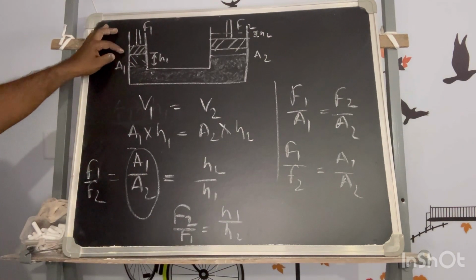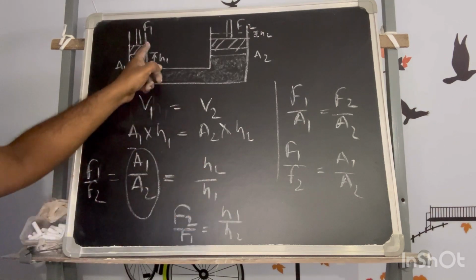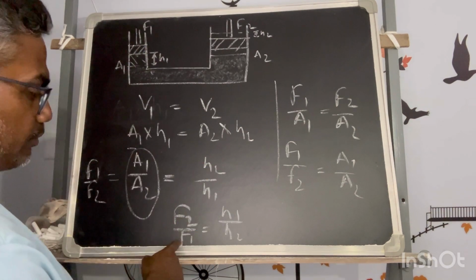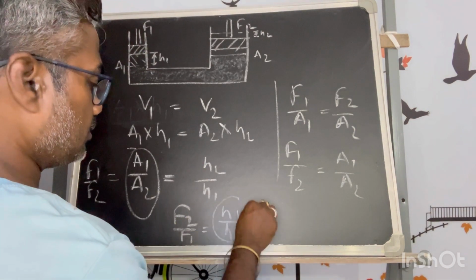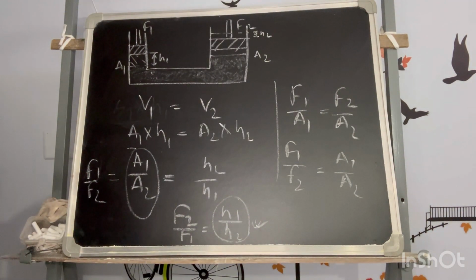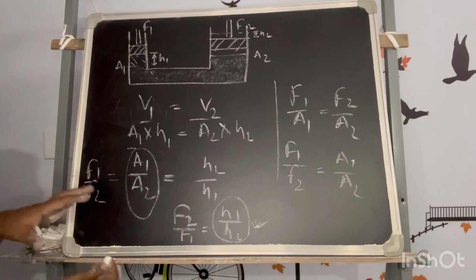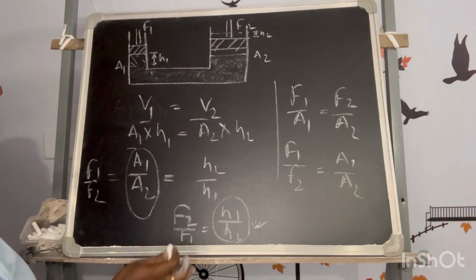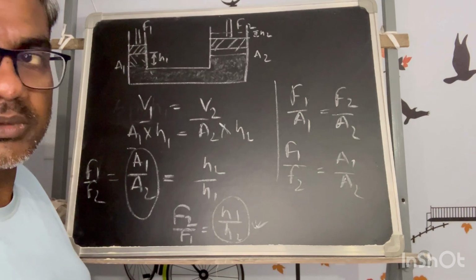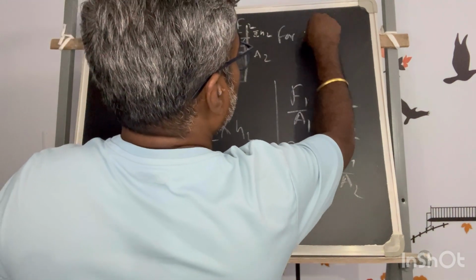The displacement of height we can measure, there could be a marking, so h1 and h2 can be measured. So F2 by F1 also can be represented with the height in this case, because the volume flow rate is the same, since it is an incompressible fluid.